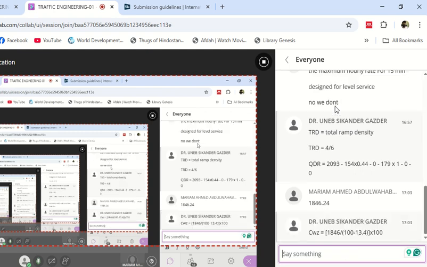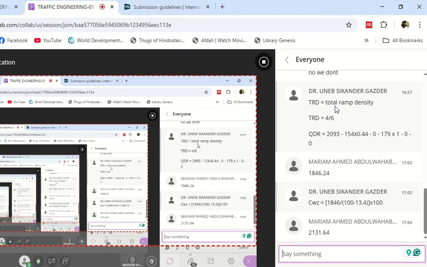How much is this? Okay, so this is the capacity of the work zone.